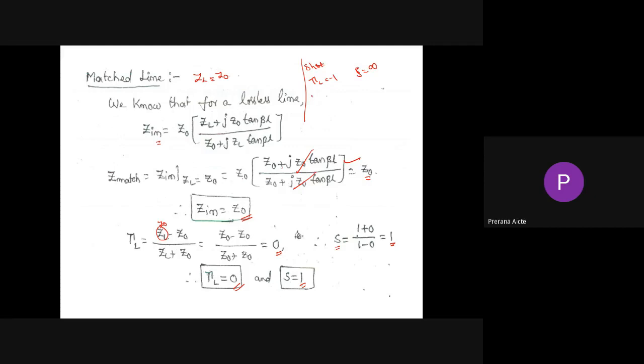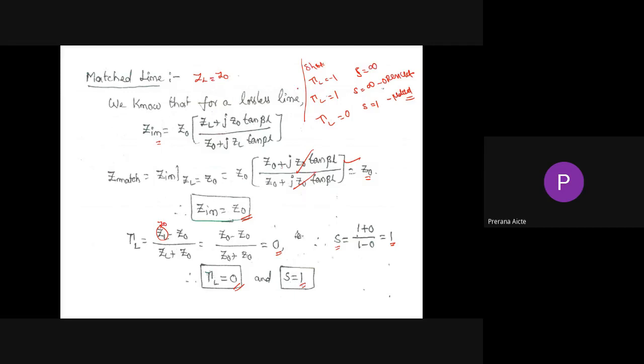For an open circuit, Delta L is 1 and S is equal to infinity. And for a matched line, Delta L is 0 and S is equal to 1. So these are the open circuit, short circuit, and matched transmission lines.